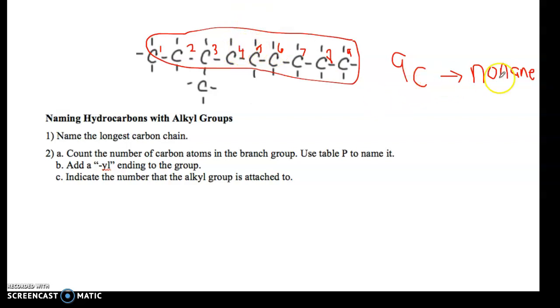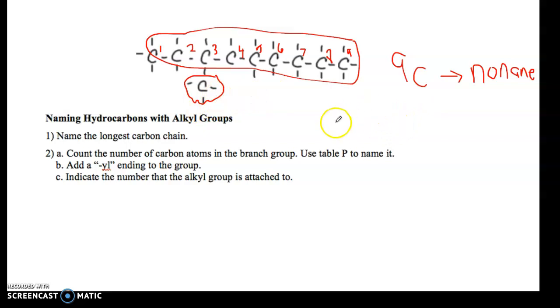So we have no name. That's the name of our parent. But now we see that we have a little carbon that's sticking out from the main line all by itself, right? So we have to name that. How many carbons does that single little branch have? It only has one. So we're going to name it.